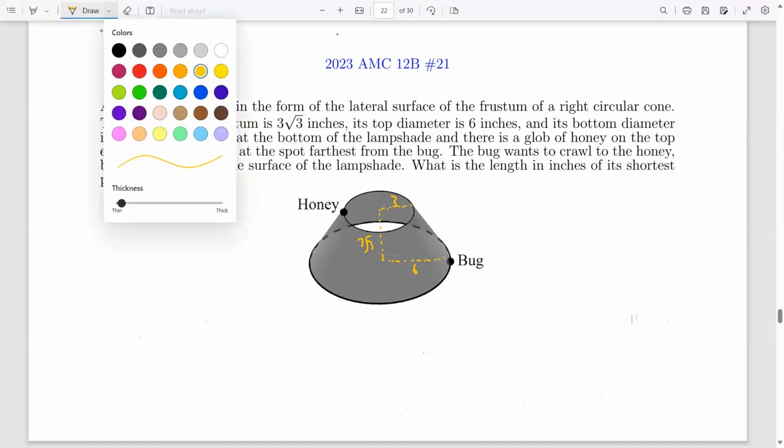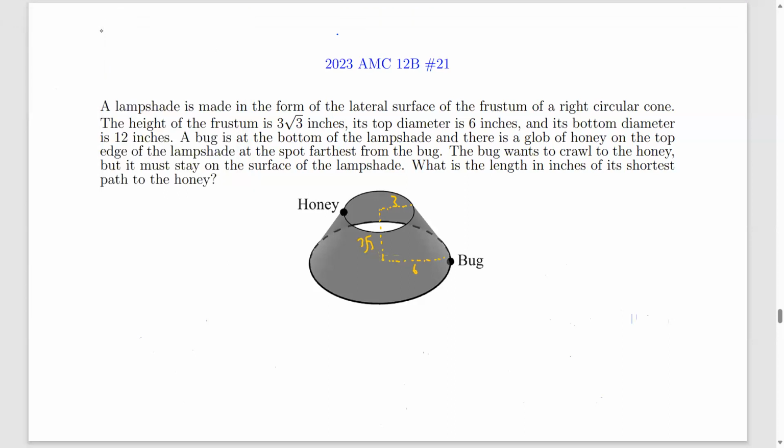So in order to visualize the surface of the lampshade, let's extend the frustum so that it forms a cone. We know that from deriving the surface area of a cone, if we were to unfold the cone, we would obtain a sector.